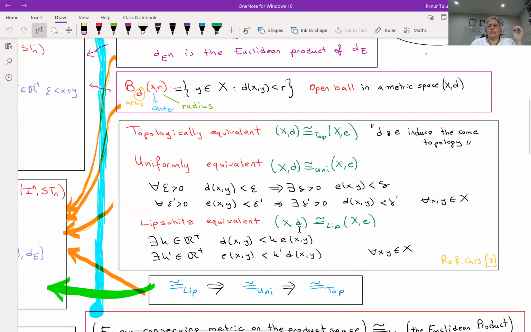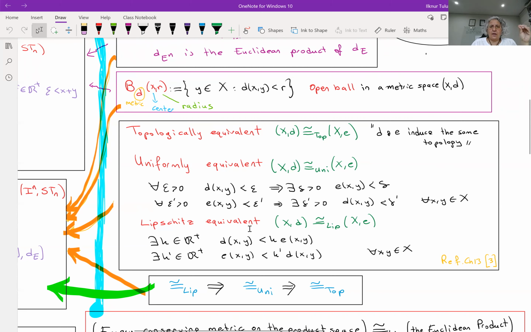Lipschitz equivalent if these two conditions are satisfied: there exists a positive real number K satisfying this condition, and this is a Lipschitz condition, and there is another K prime for the other way around, and if these two hold for each X and Y, we have Lipschitz equivalent.